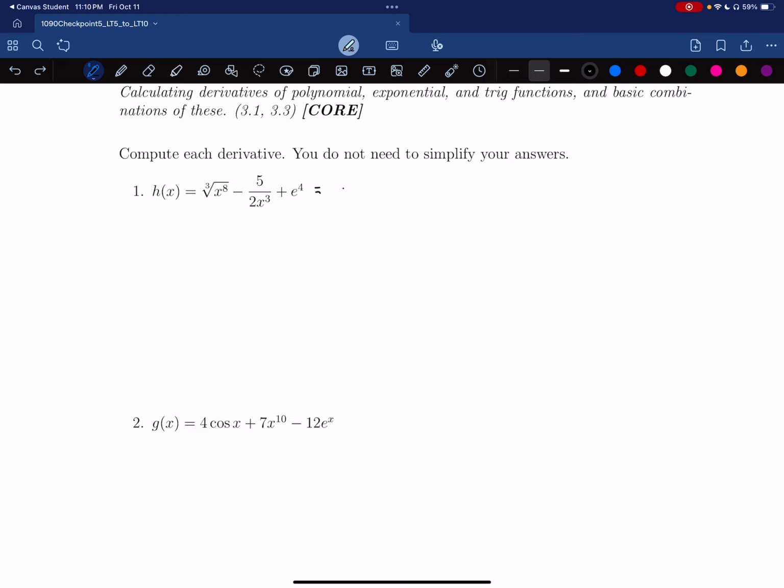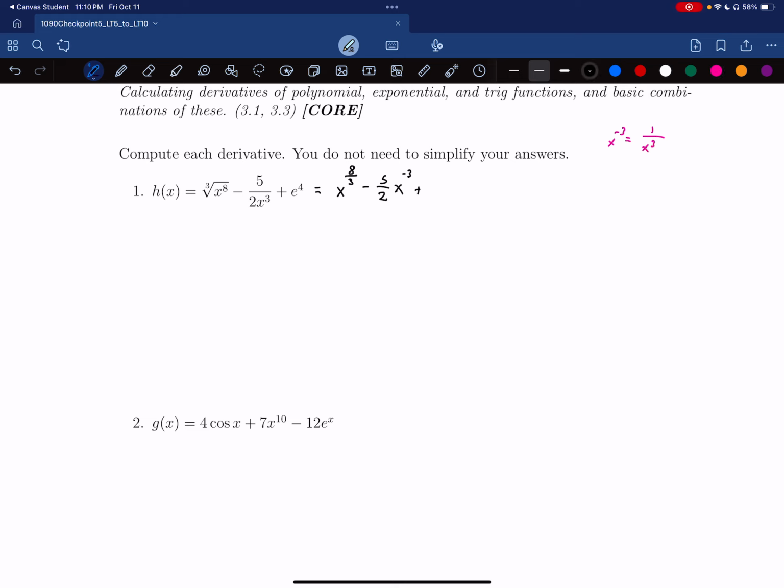Okay, so for the first term, we will have x raised to the 8th power, and then you're taking the cube root of that, so 8/3 power, minus, we have a coefficient out front of 5/2, and then we have 1 over x cubed, and we can rewrite that as x to the -3 power, because x to the -3 is equal to 1 over x to the 3.